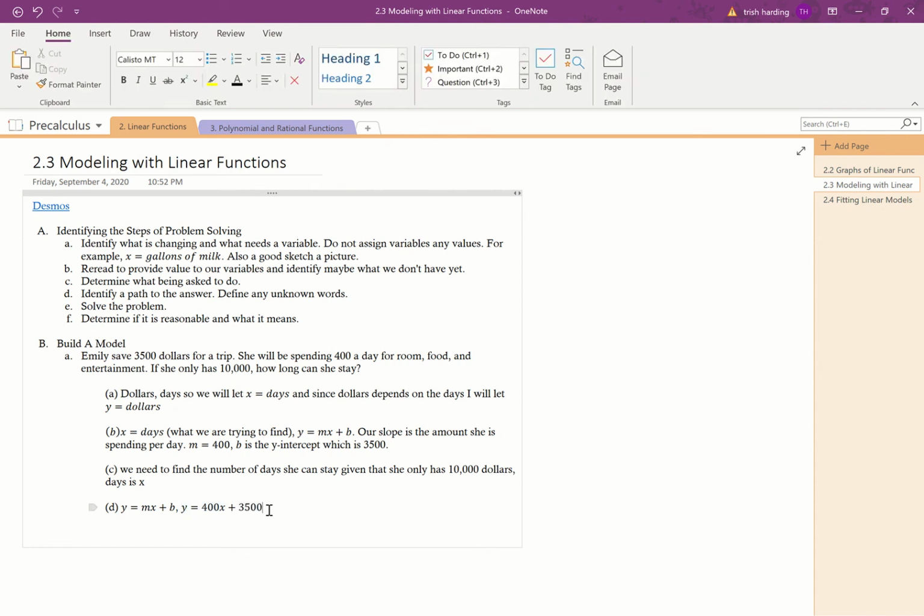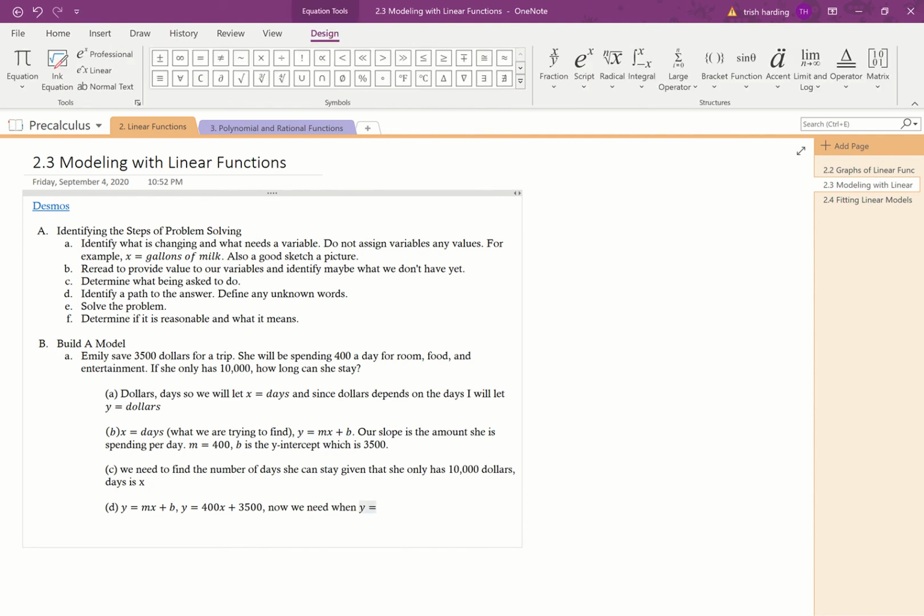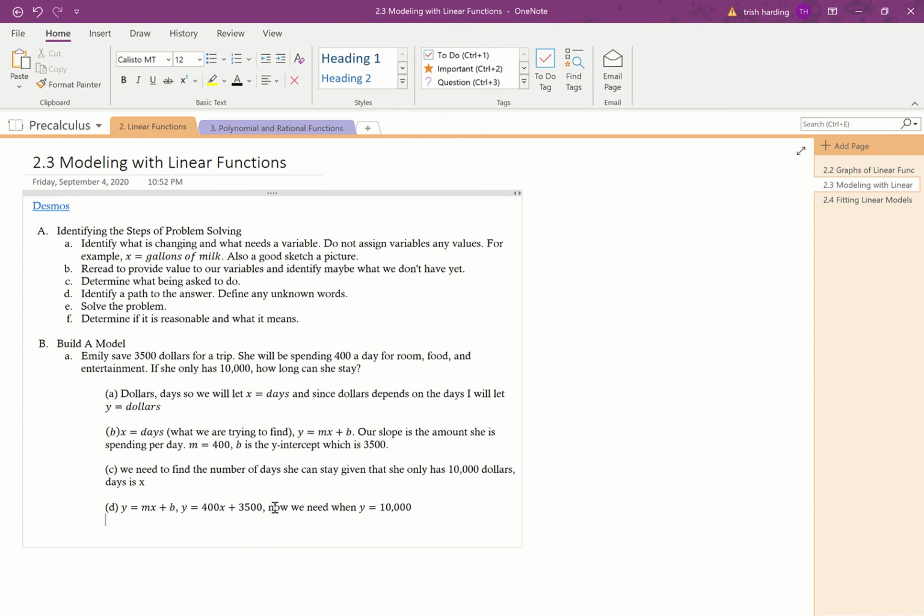So this will tell me how much money Emily is spending for X amount of days. Now we need to find out when y equals 10,000, and we'll see what that is.